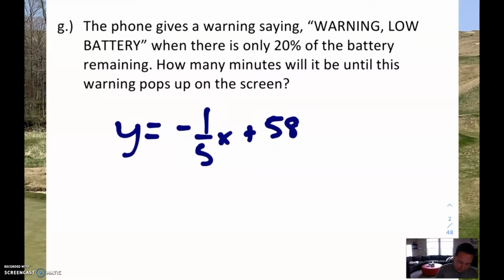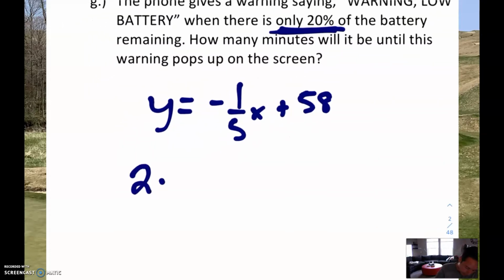It says there's a warning when there is 20% battery remaining. That 20% battery, should that go in for x or should it go for y? The percent battery is a y coordinate. Remember, the y stood for the battery remaining. So I'm going to replace the y with 20.